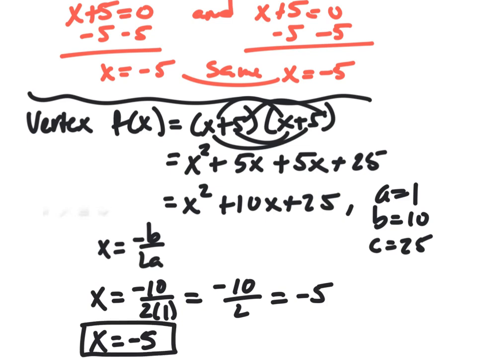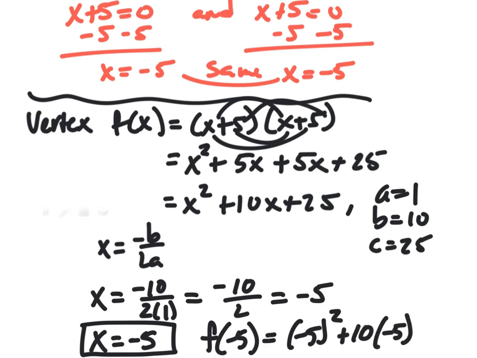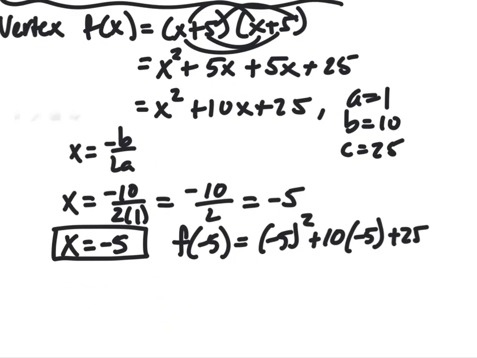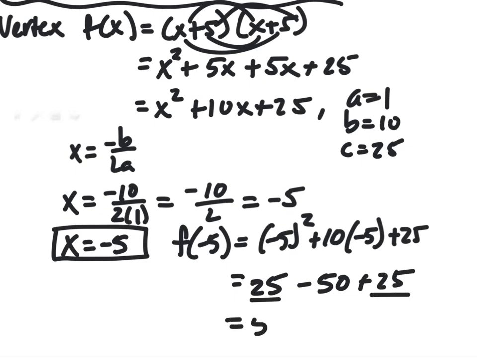Now if I plug negative 5 into my function, f of negative 5, that gives me negative 5 squared plus 10 times negative 5, plus 25. Let's find that y value: this is 25 minus 50 plus 25. 25 plus 25 gives me 50, minus 50 is 0.